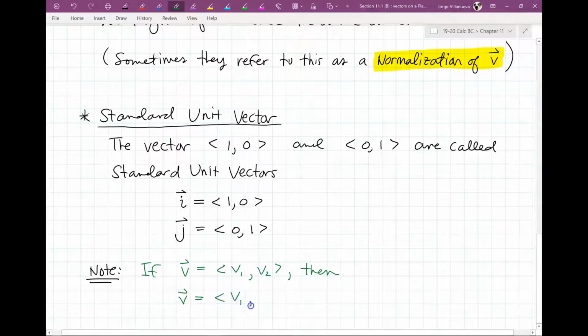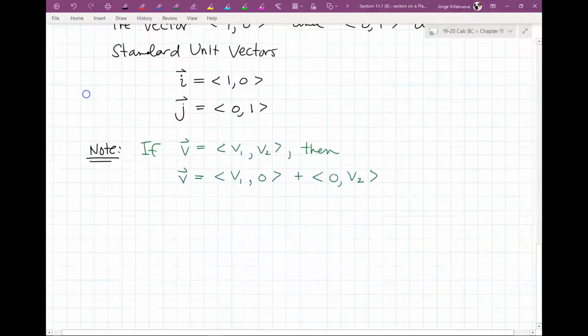I know it's going to look a little weird, but all I'm doing is making it into a sum of two vectors, right? So if you put those together, you do get the thing up top, okay?